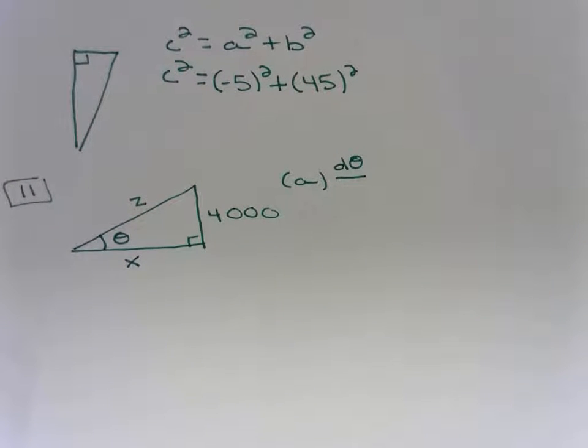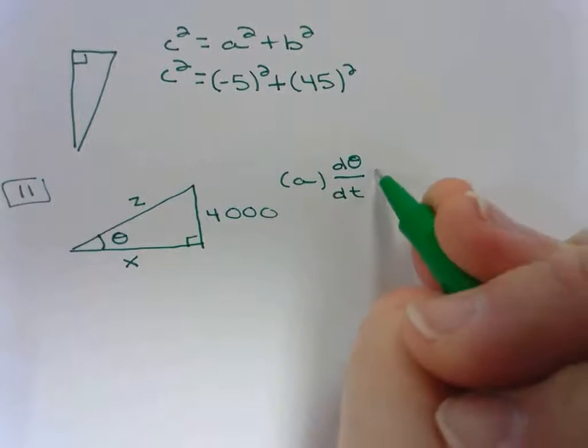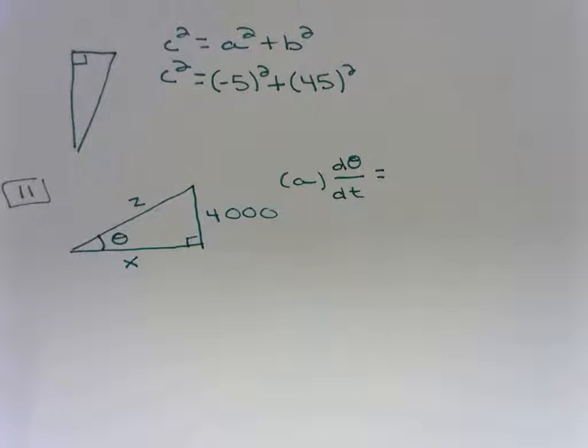How is my angle changing when compared to what? Time, dt. So I want to know how my angle is decreasing as time goes by. So d theta over dt. That's what I want to know.